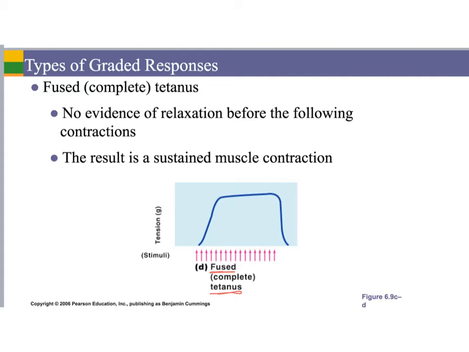So again, 2 ways to control the intensity of muscle contraction. The first way is to control the amount of muscle fibers that are stimulated, right? So how many motor units are going to be activated? And for those motor units, how many muscle fibers are going to be stimulated by those motor units? We have motor units that stimulate lots of muscle fibers. We also have motor units that might stimulate only 1 or 2 muscle fibers.